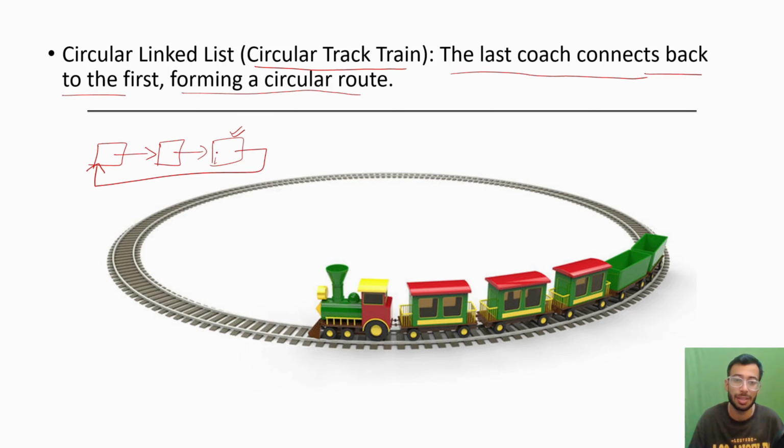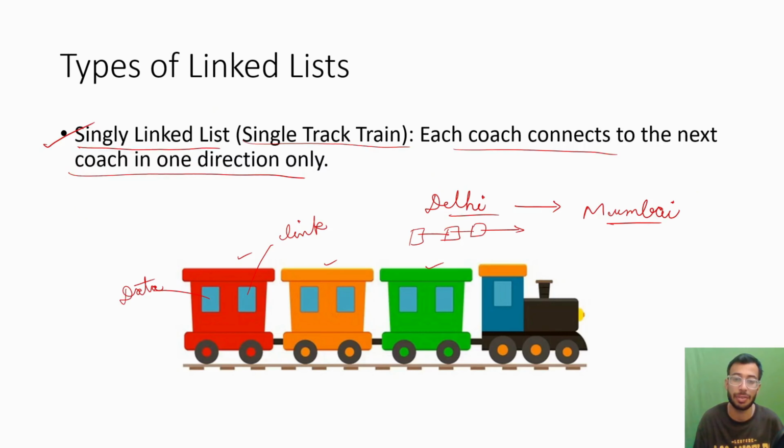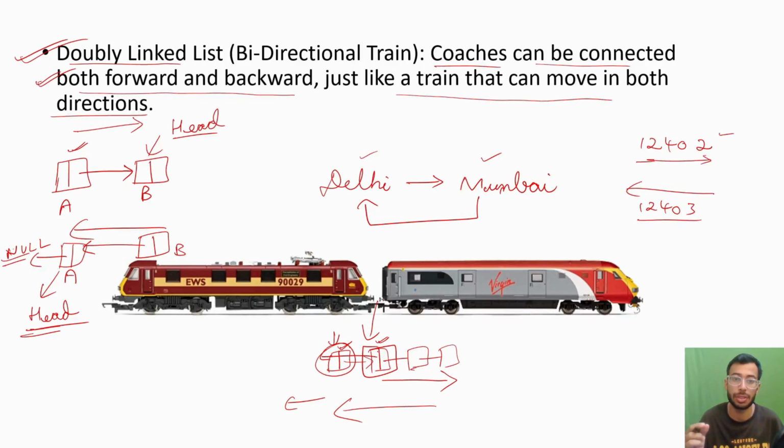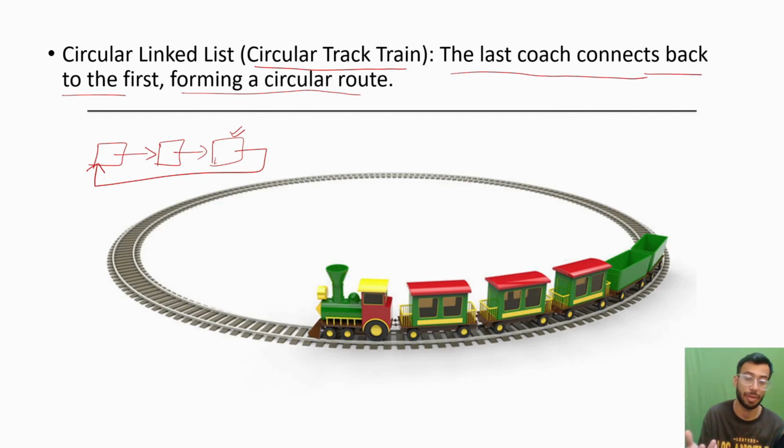This is a different concept from the previous linked lists we have seen, where the first node did not have any reference. It was just the head node that symbolizes that the linked list starts from that point. But here, in a circular linked list, the first node will have the reference to the last node of the linked list, and that's why it is called a circular linked list.